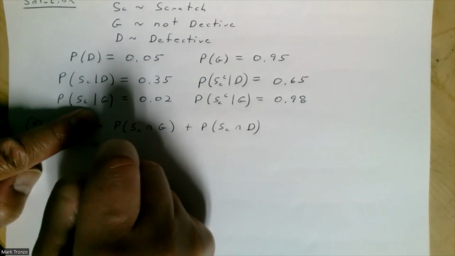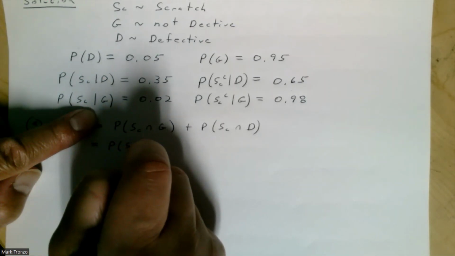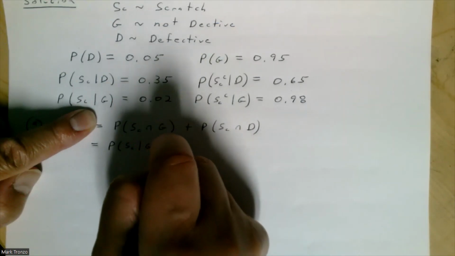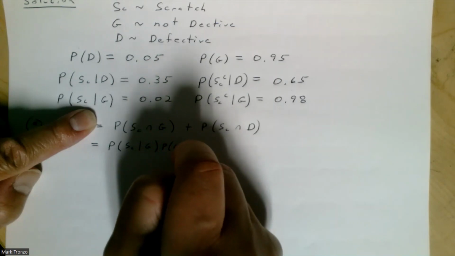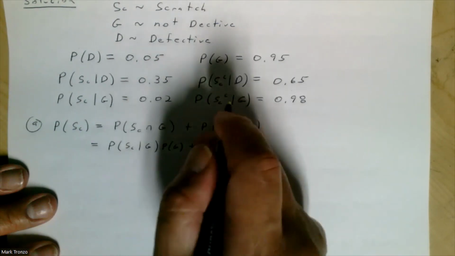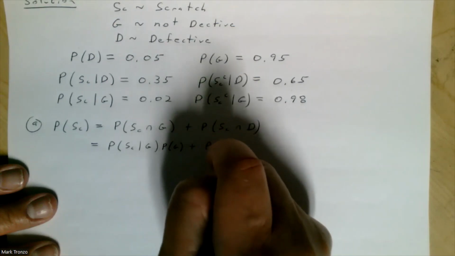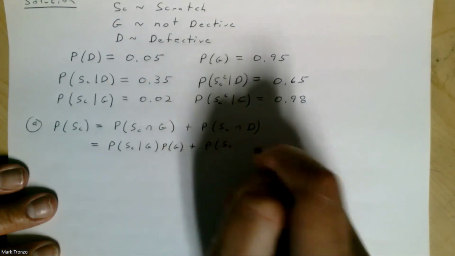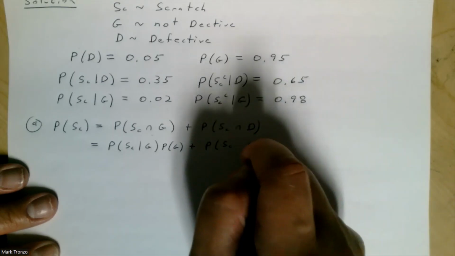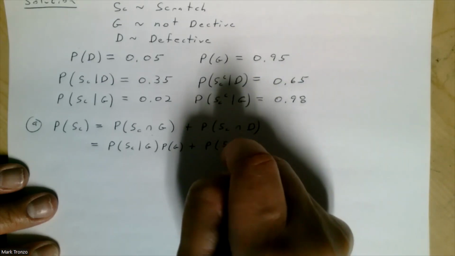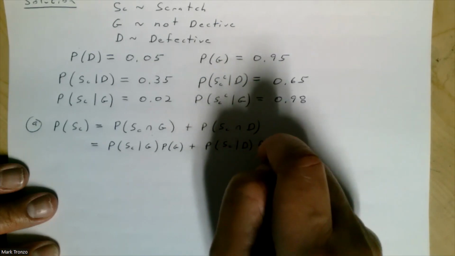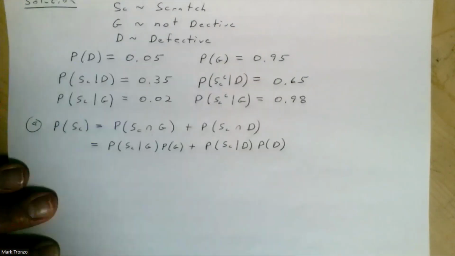So let's write that down. Probability scratch, given it's good, times the probability of it being good. Over here, this is probability scratch given that it's defective times the probability that it is defective.